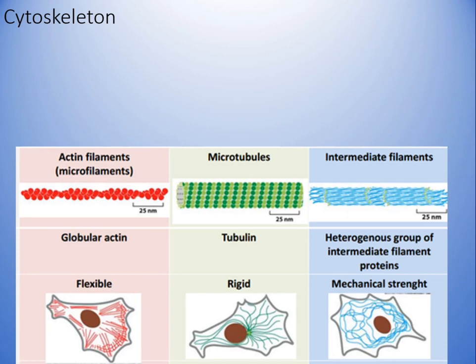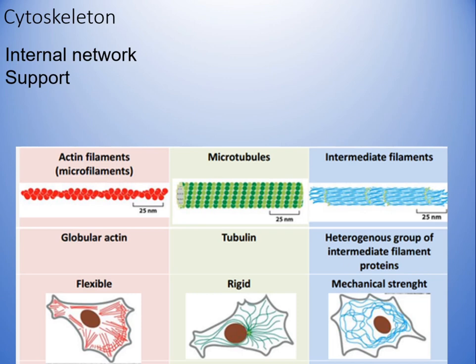I don't have much to say about the cytoskeleton, and that's unfortunate because we're discovering very fascinating things about it. But I don't have much to say because you can guess from the name of it what it does. It is an internal structure, an internal network. What is it made of? It's made of proteins.